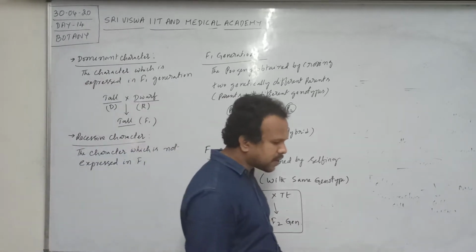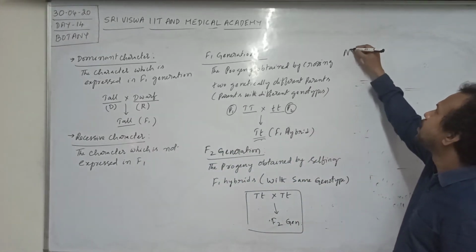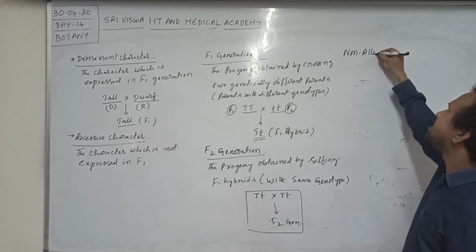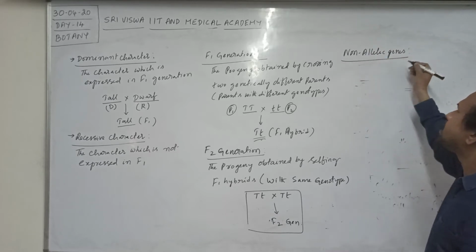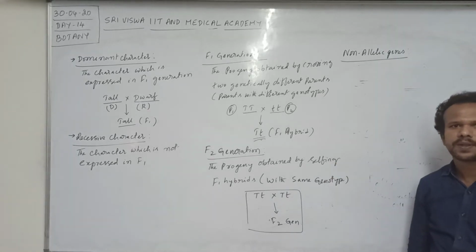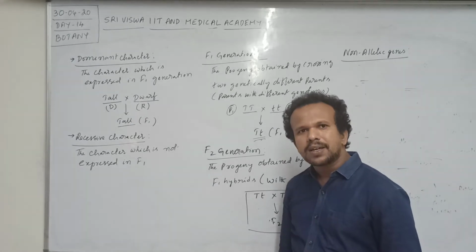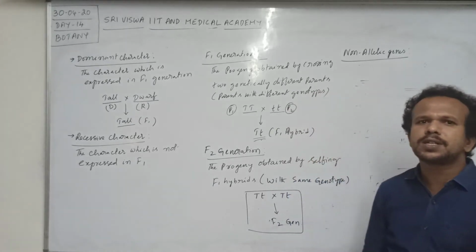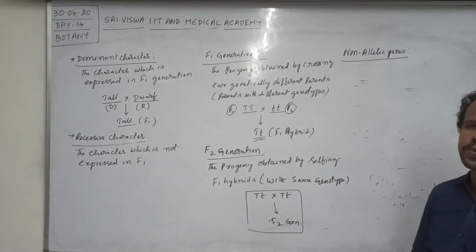Then consider another very important term commonly used in genetics, non-allelic genes. What are non-allelic genes? What are allelic genes? Allelic genes are nothing but the genes present at the same gene locus on homologous chromosomes.